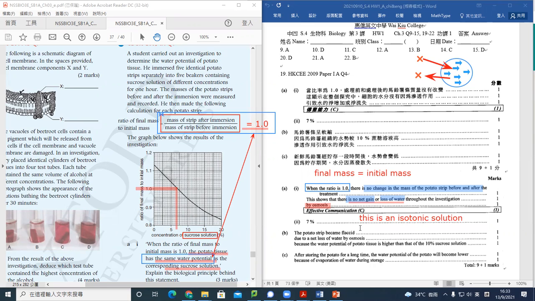By the word isotonic, we mean that this solution has the same water potential as the cell. Okay, get it?